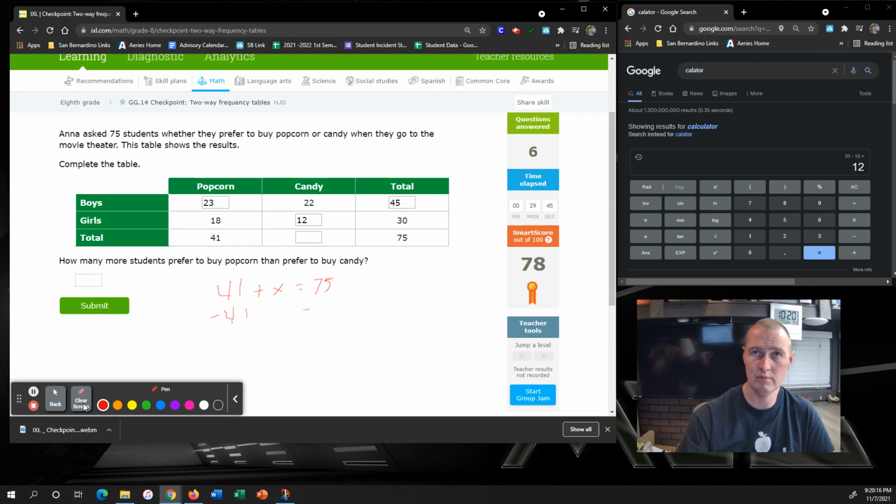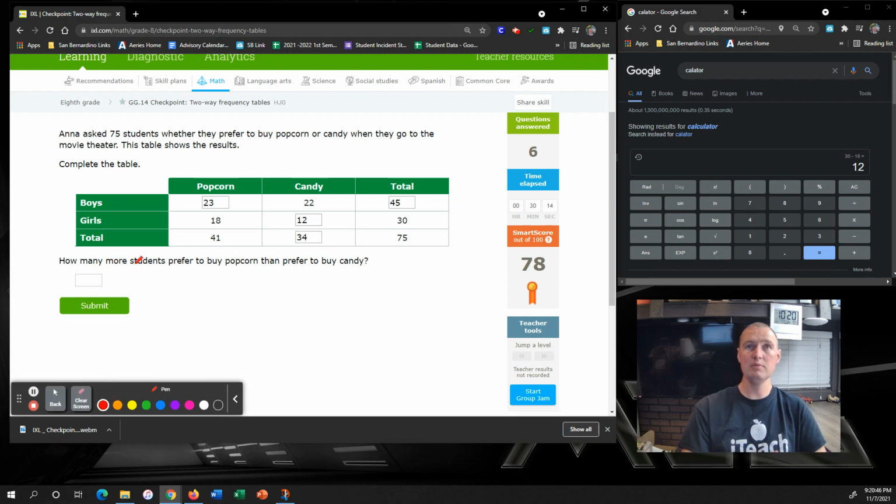Minus 41, minus 41. 41s are out. x equals 75 minus 41. 5 minus 1 is 4. 7 minus 4 is 3. So I got 34 on that one. 34. All right. Clear the screen.